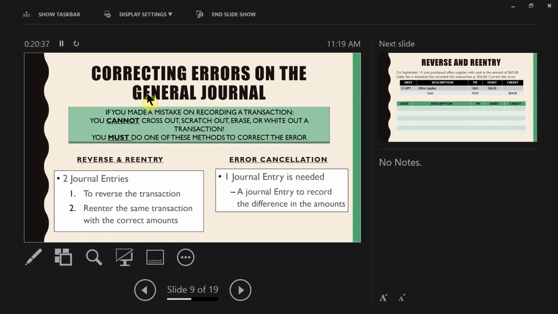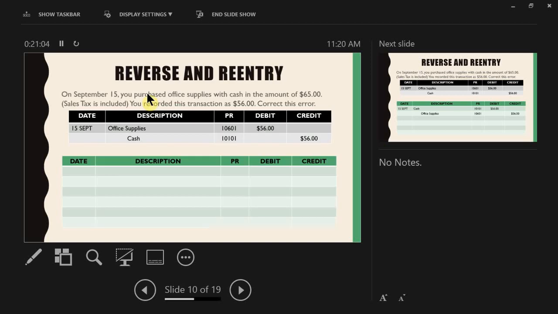I can accidentally journalize more supplies instead of taking it out. So error cancellation, if you're really good at it and you really understand the transaction at hand, use it. But preference-wise, the easiest way to fix your mistake is to just reverse the transaction and re-enter it. Simple, easy, okay?